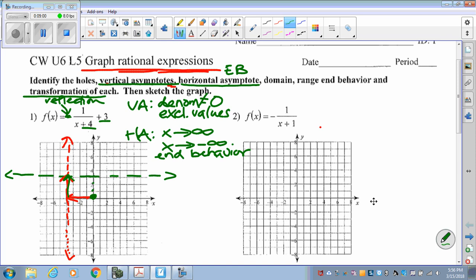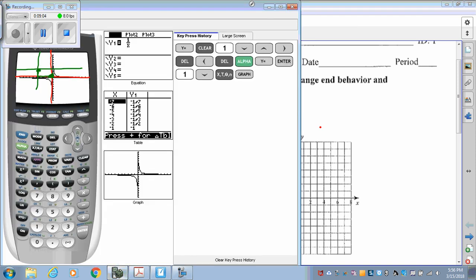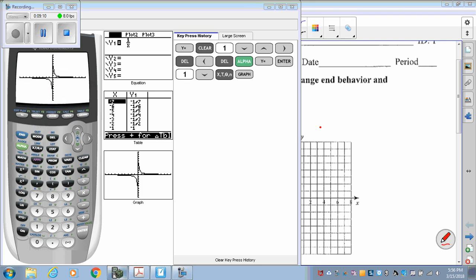So let's go ahead and look at that original one again, too. If I'm looking at the domain and range, if I'm looking at the domain here, well, can x be anything? Well, it's all real, except 0.